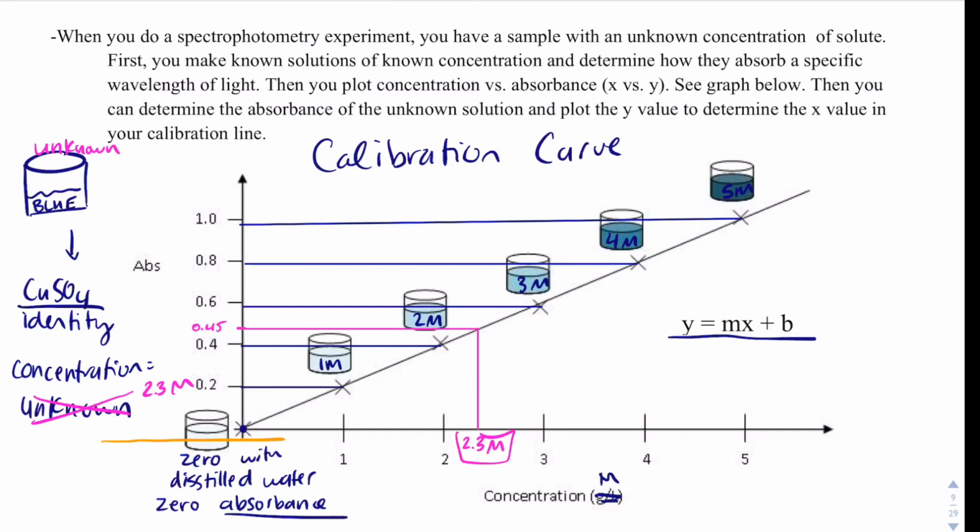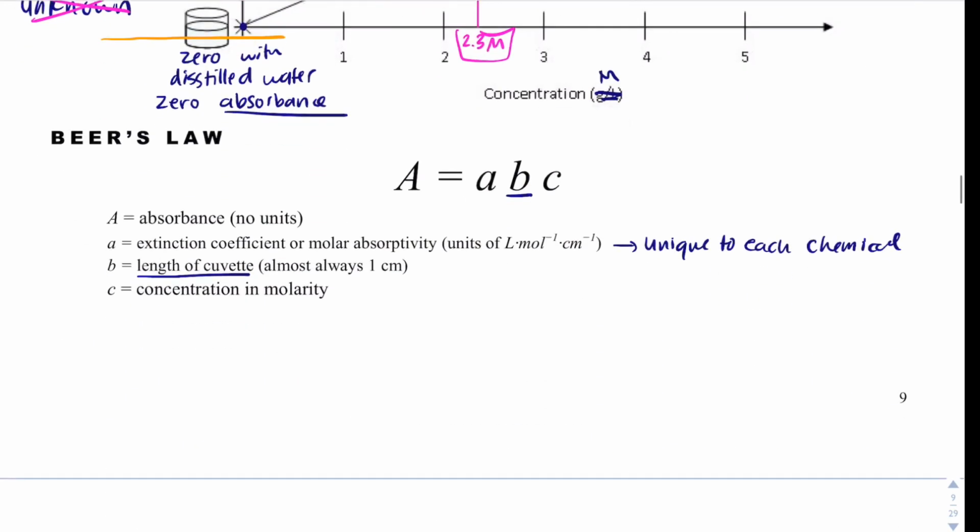That's the length of the piece of glass that you're actually putting into your machine. It'll look like a test tube, but it'll actually be a cuvette. I've actually never seen a case in lab where they're not 1 centimeter. So mathematically, this will just be 1 centimeter and not influence your answer one way or the other. And then C is your concentration in molarity.